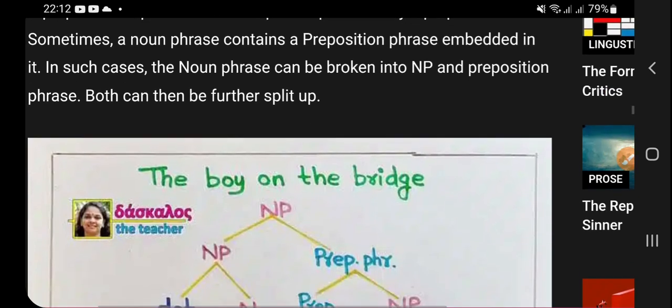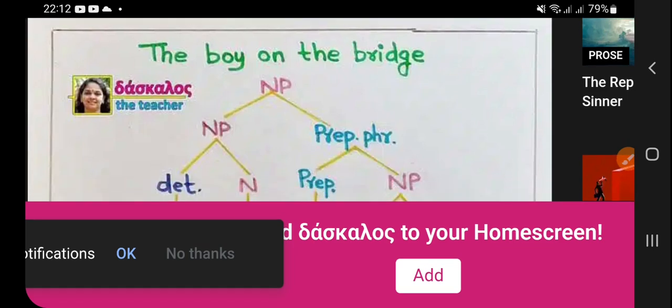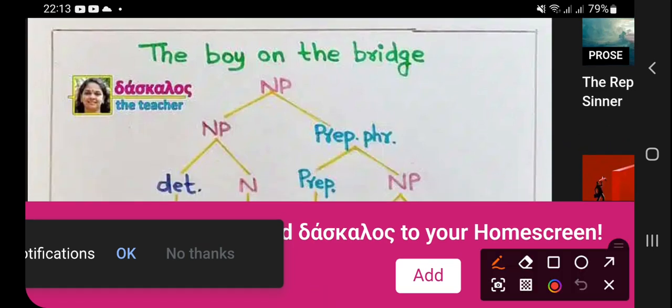That is noun phrase and preposition. Both can then be further split up naturally. So what are the examples? Let us see. An example is, the boy on the bridge.